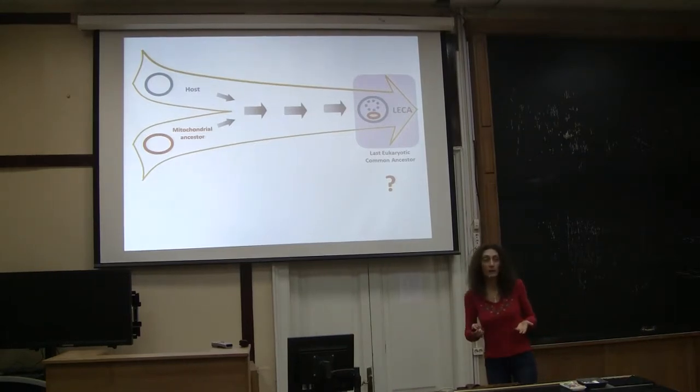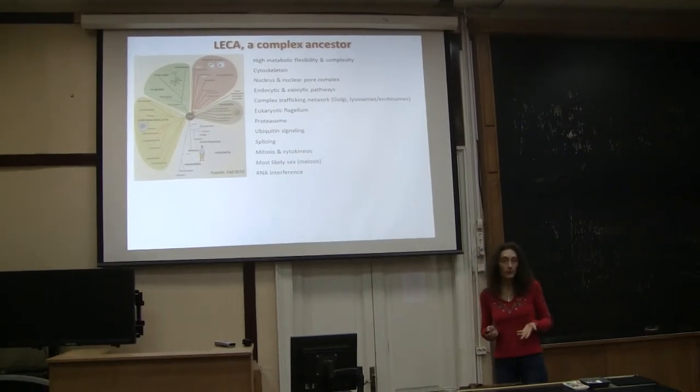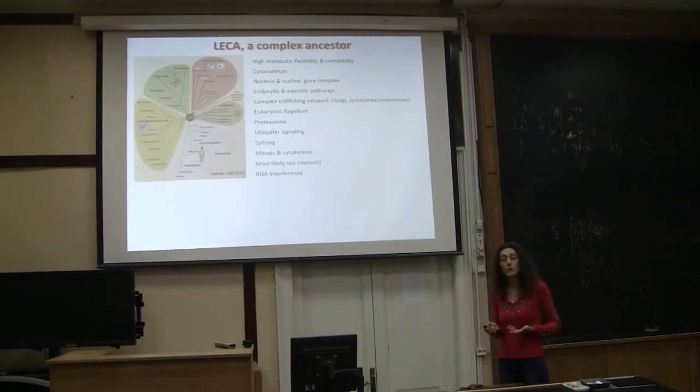So by doing this type of comparison with the relatively limited data that is available, some people have tried, and the image that we get is that of a very complex last common eukaryotic ancestor.